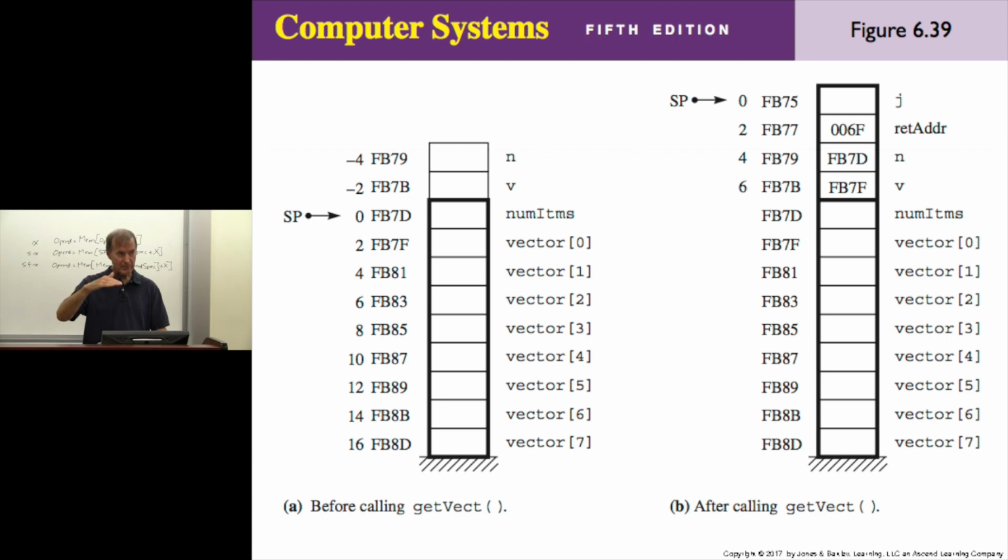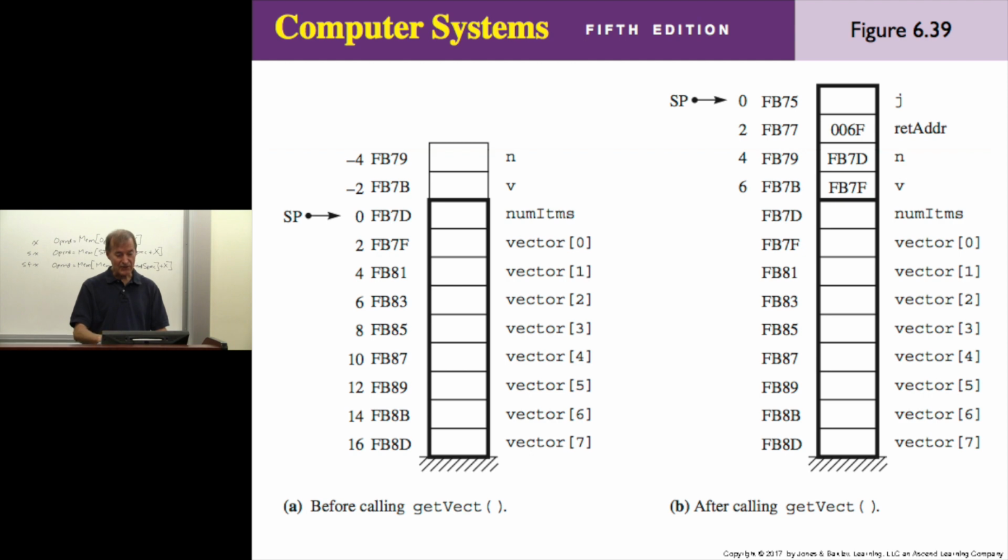It's 6 bytes down, right? So 6 bytes down from SP is the v. And what is the content of that v? It's FB7F. But now, what is at FB7F? Vector sub 0.